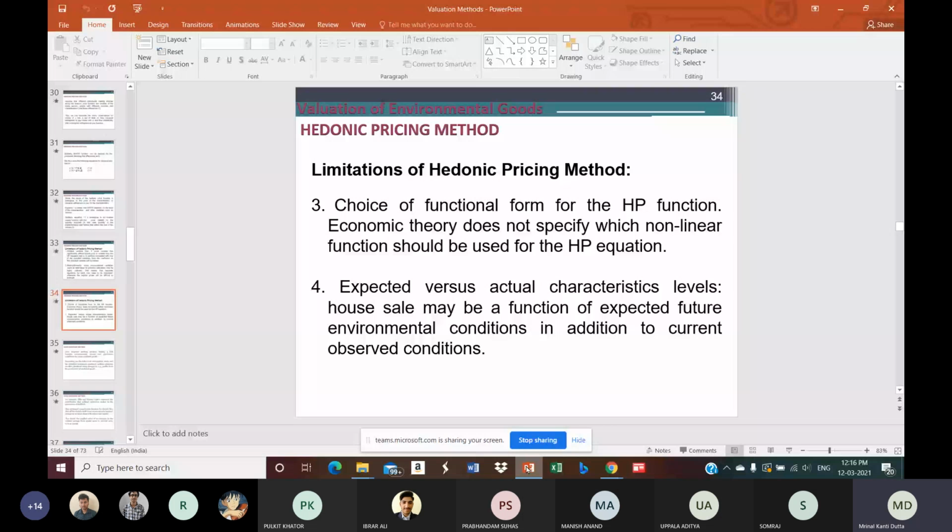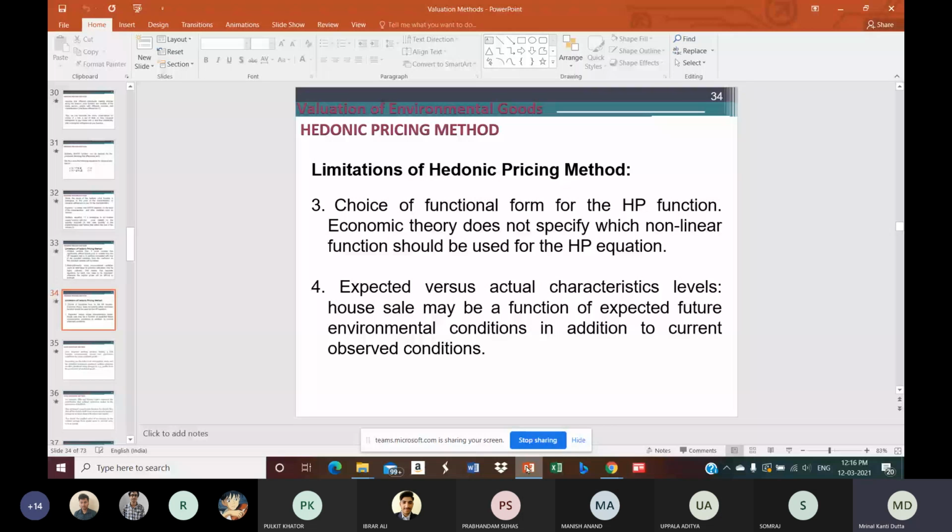Secondly, the hedonic pricing method assumes that for every attribute, house buyers are able to locate a house. That is another important thing, whether it is air quality or water quality, whether it is a noisy area or a quiet area.